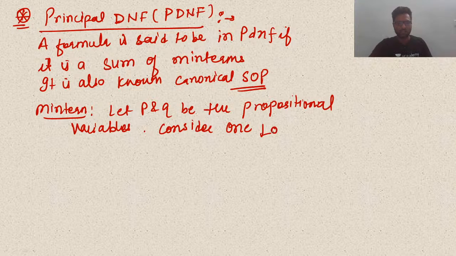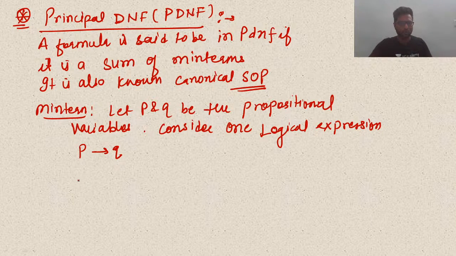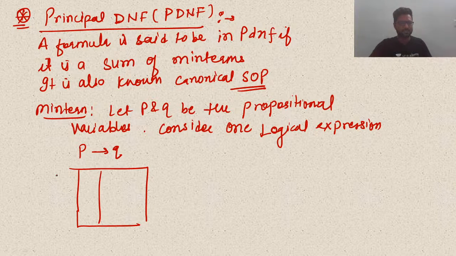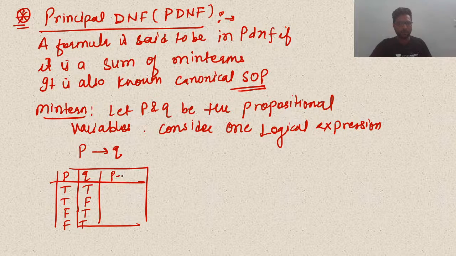Consider one logical expression or formula: P implies Q. If we make the truth table of this, there are four possibilities for PQ: true true, true false, false true, false false. So the output will be true, then false, then true, then true.